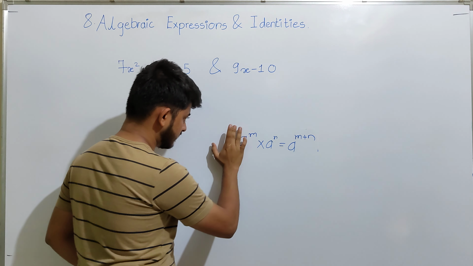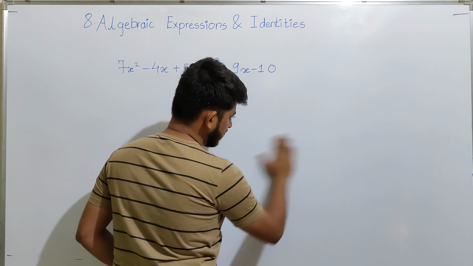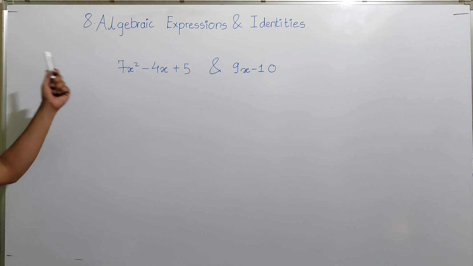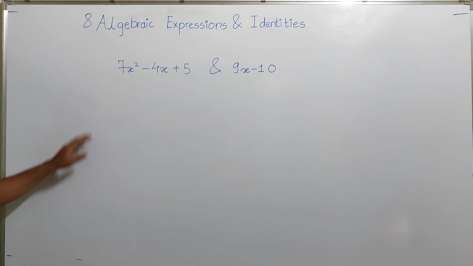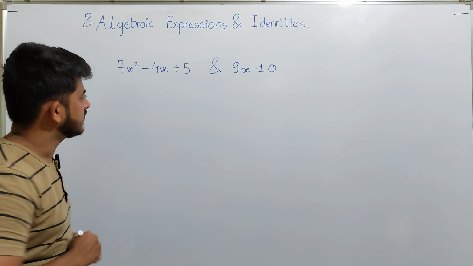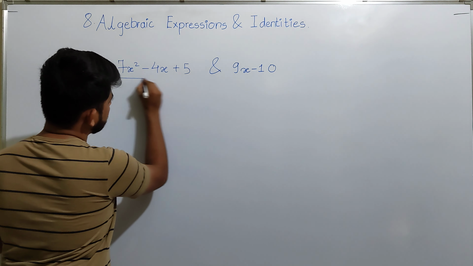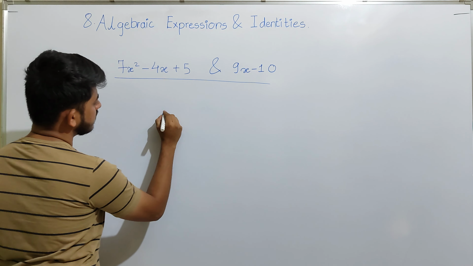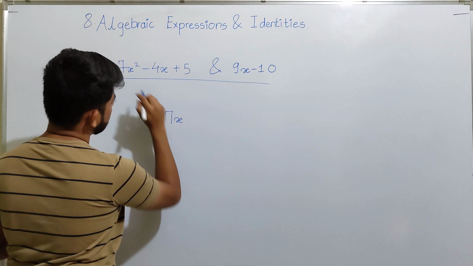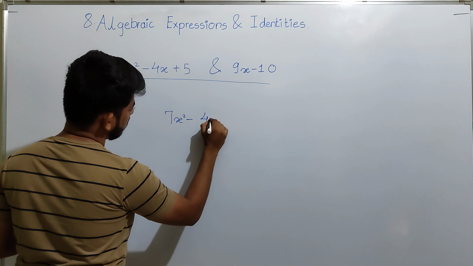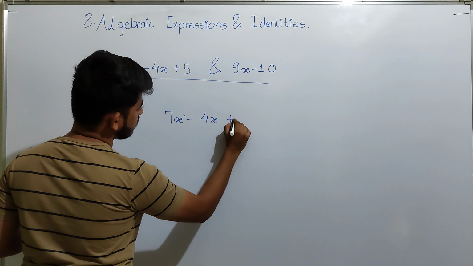Similarly we have identities in this lesson. They have told us to add these. Now see here, forget about this. I'll write this equation over here: 7x square minus 4x plus 5.